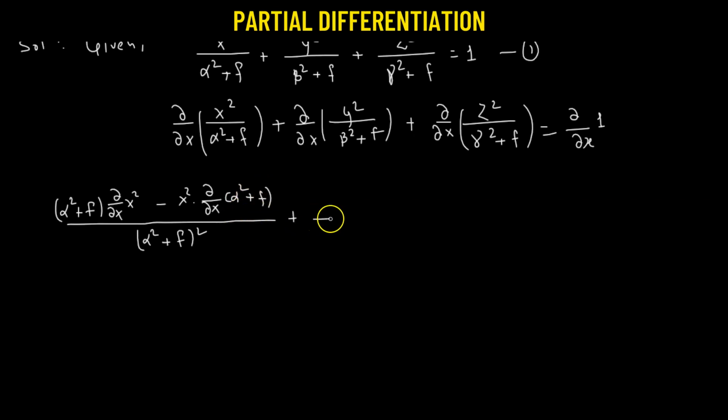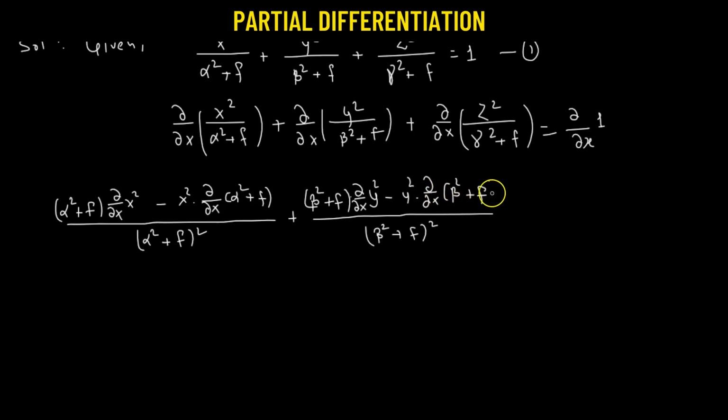Then in the second term, we have beta squared plus f, whole squared. We have beta squared plus f multiplied by partial with respect to x of y squared, minus y squared times partial with respect to x of beta squared plus f.